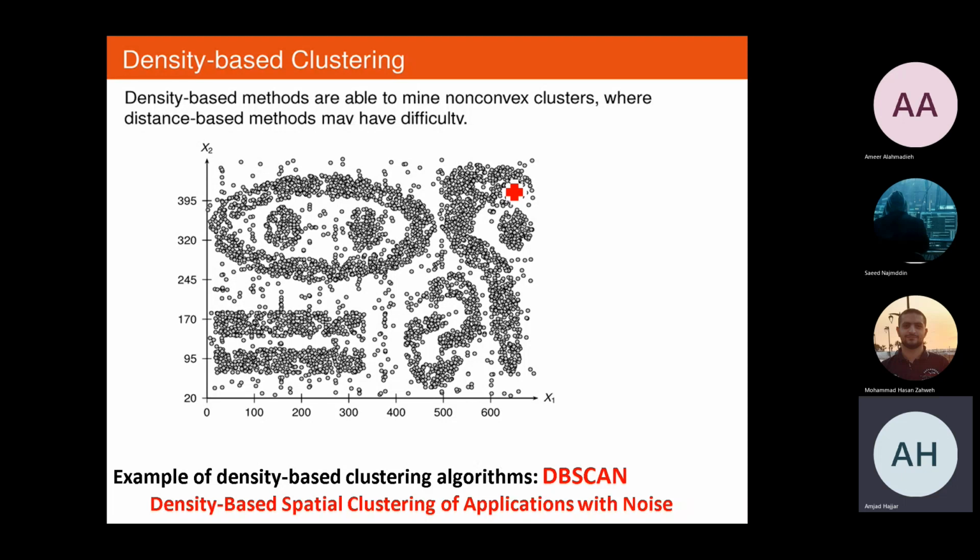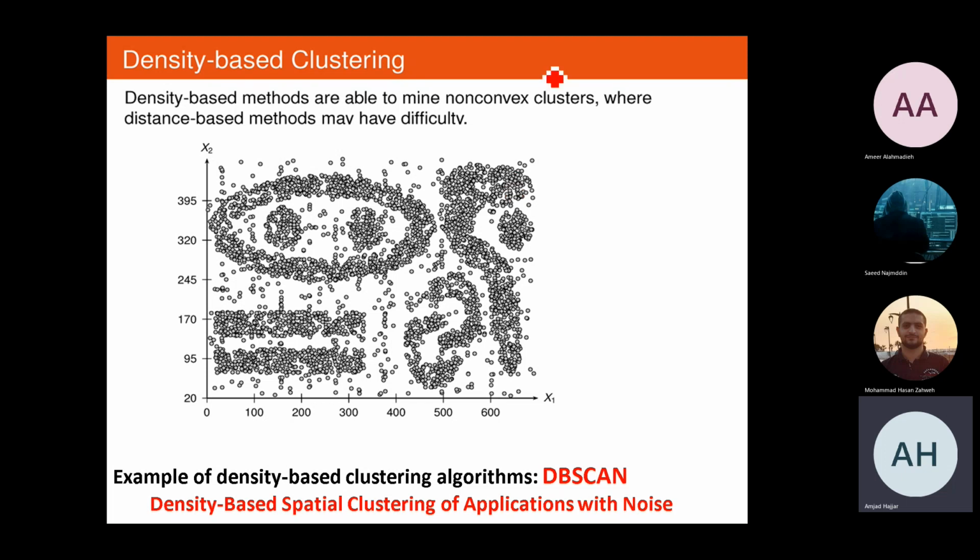Detecting things in images is just an example, but in a large part of applications, we don't have convex clusters. We have clusters that are connected by what we call a density region, and we need to detect these clusters. So in this case, we apply density-based clustering.